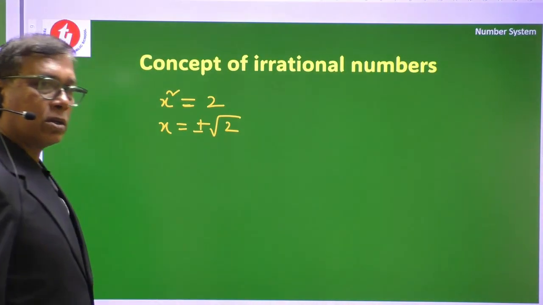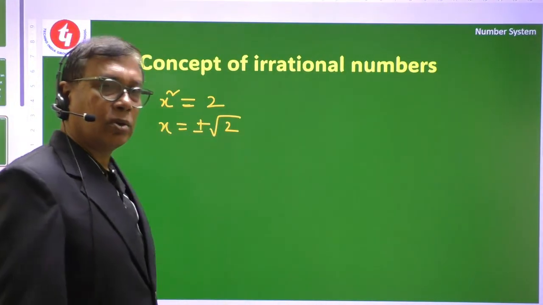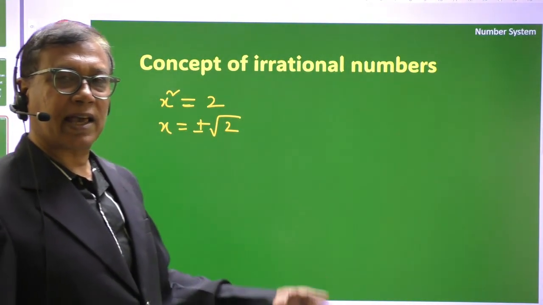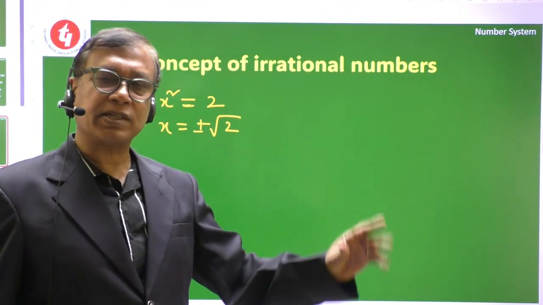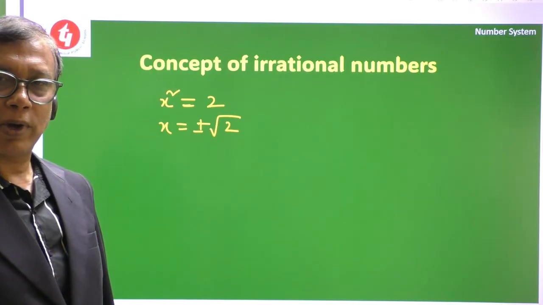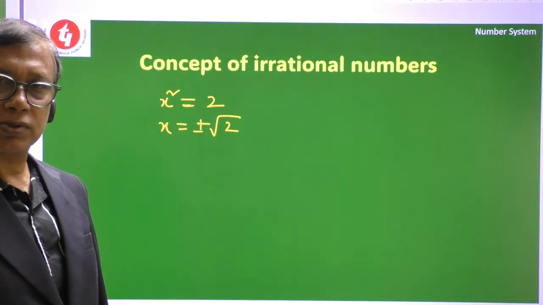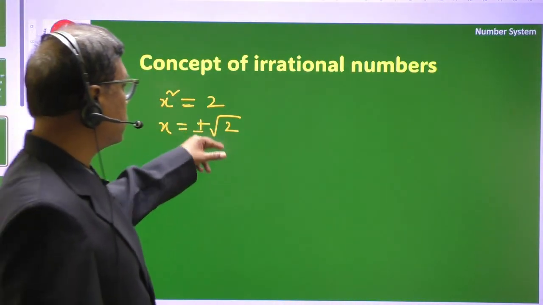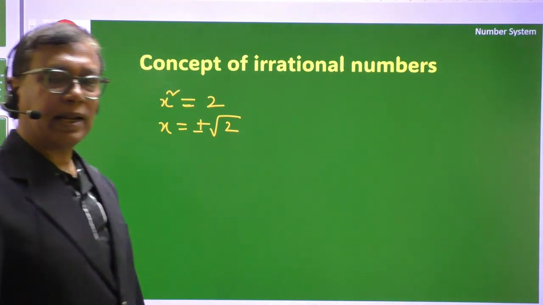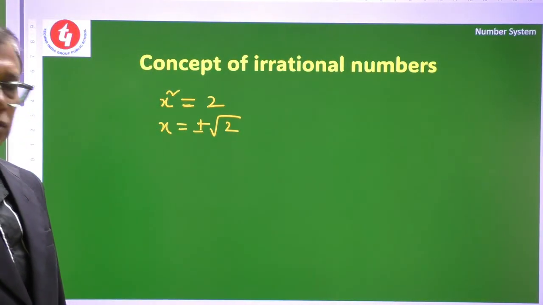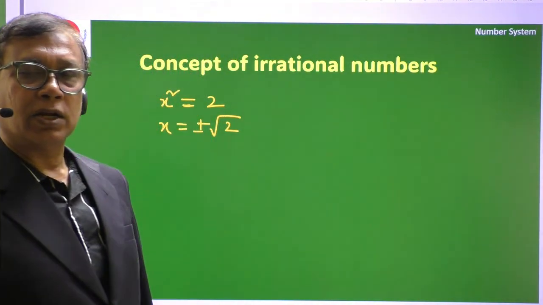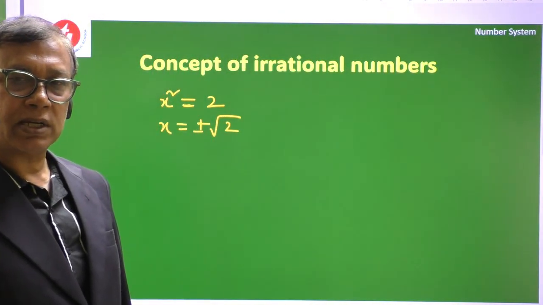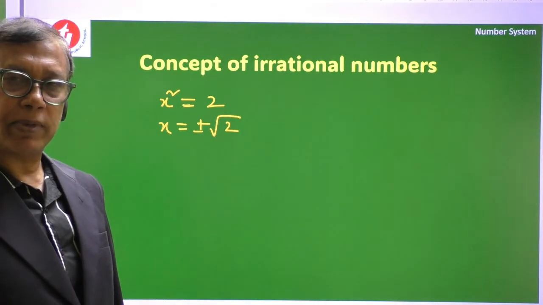Yes. So this root over 2 you did not see in the rational number system. Root over 2 cannot be expressed in the form of p by q, where p and q are integers and q not equal to 0. Yes or no? So root 2 is one irrational number. So in general, square root of any non-perfect square integer is an irrational number.